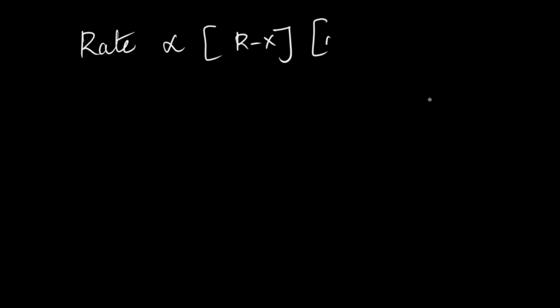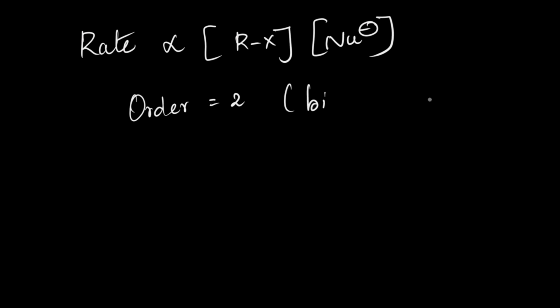We are not going to talk much about Walden inversion. Again, the rate of the reaction depends on both the nucleophile as well as the reacting substance, so the order will be 2, which makes this a bimolecular reaction.